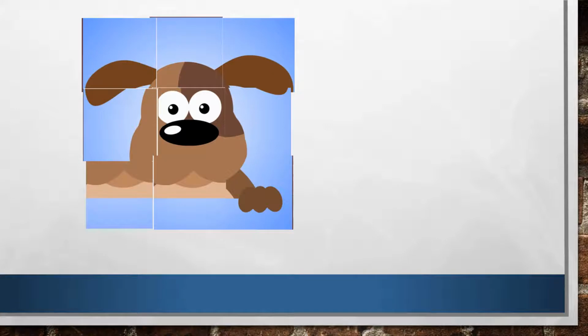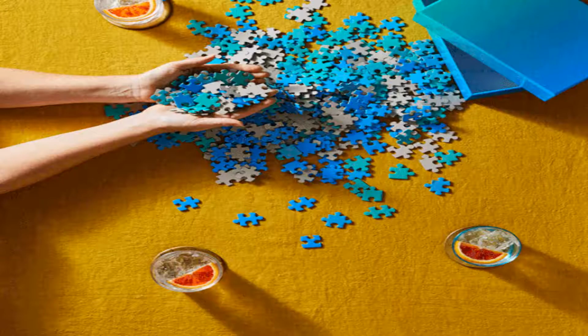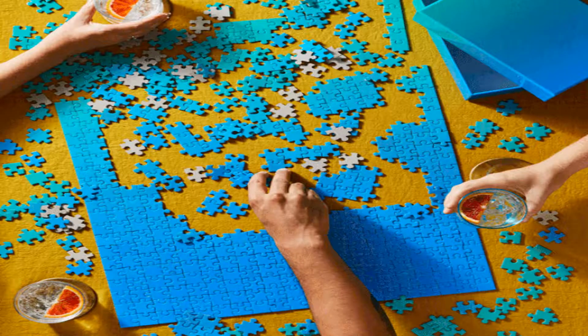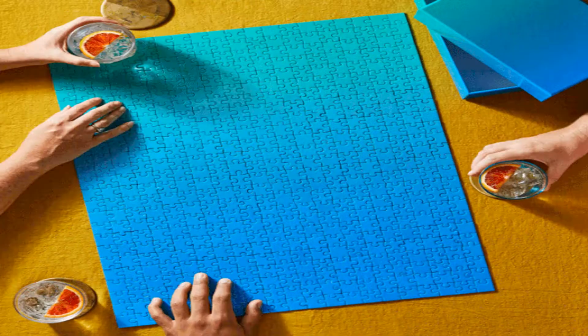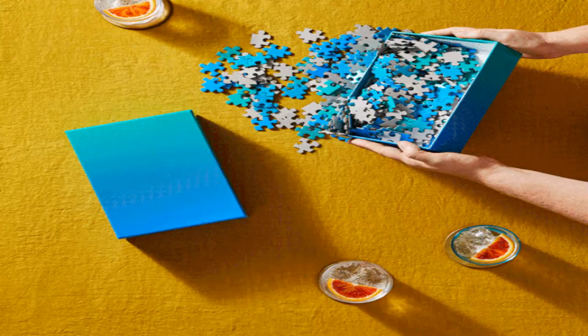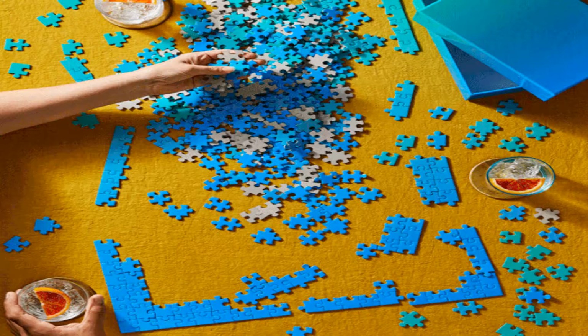So, here we got the puzzle done and the result is a picture of a dog. So, as you saw before, puzzle and sum of subtraction are related to this only.